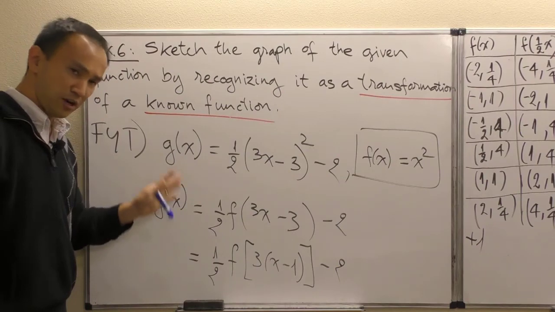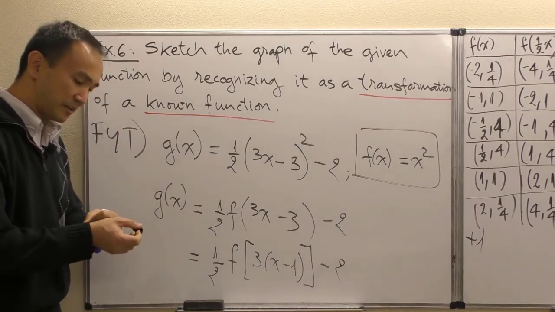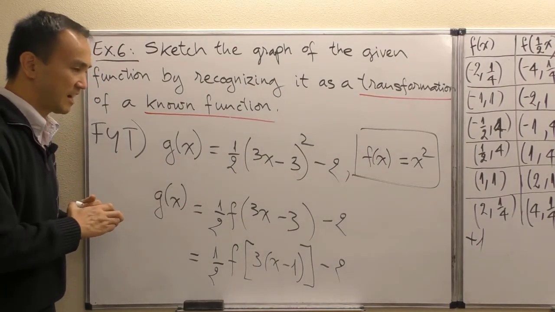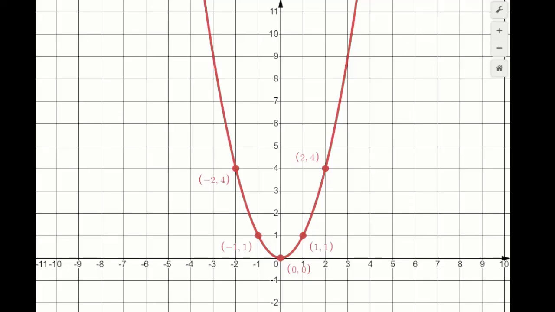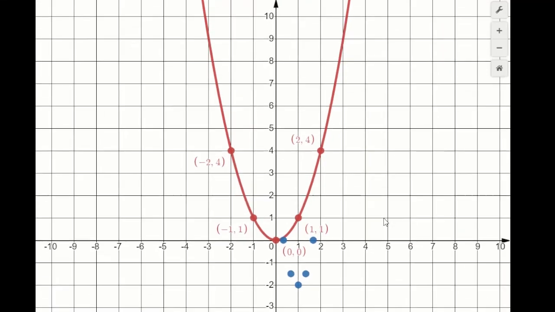And so I'm not going to go through the process of plotting the points and all that. Let's just now look at the graph. This is now the graph for our known function, f of x equals x squared. And this is the set of all the guiding points.